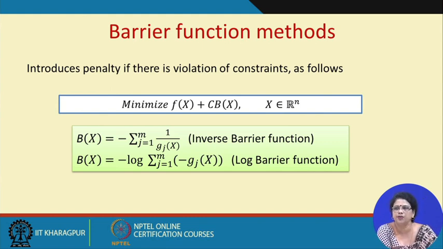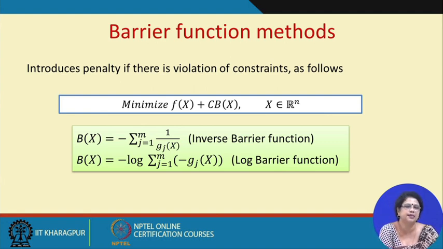That is why within the feasible space g(x) is always less than or equal to 0, but outside the feasible space g(x) is greater than 0. Since we start our sequence from the feasible region only, 1 by g(x) will always be negative, and if we consider minus 1 by g(x), it will be positive. This is one of the barrier functions.